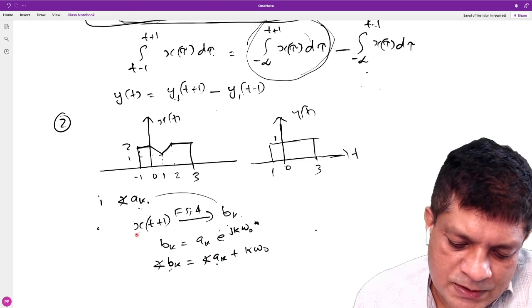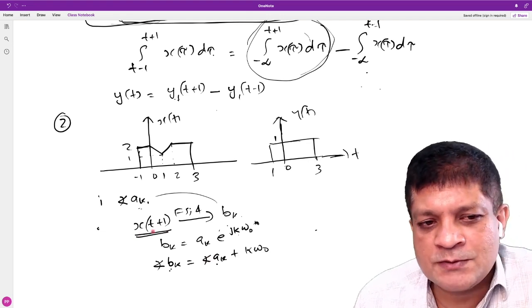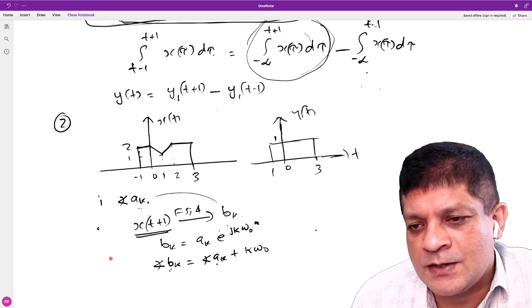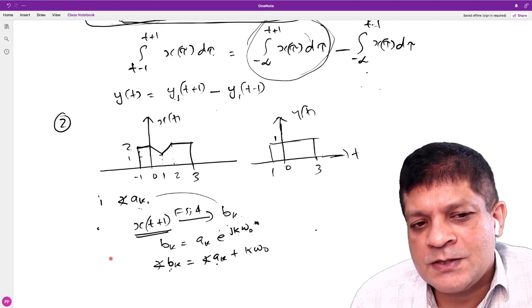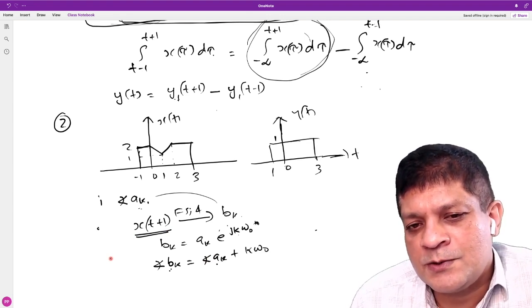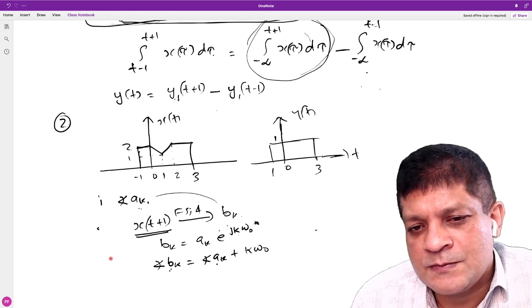Now what is the nature of the signal x(t plus 1)? It is a real and even signal. Real and even signal means what about its Fourier series coefficients?